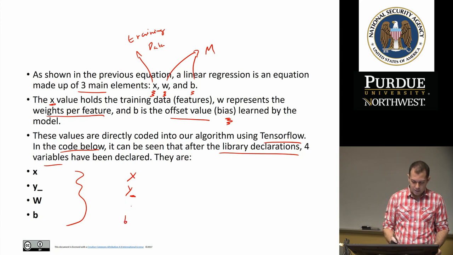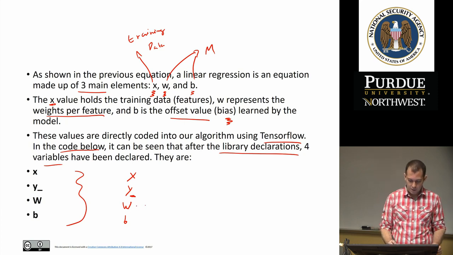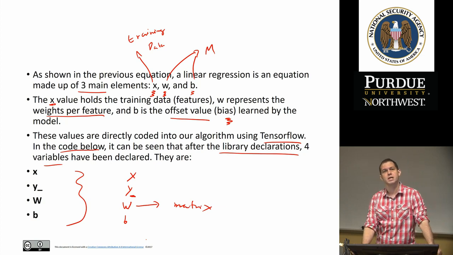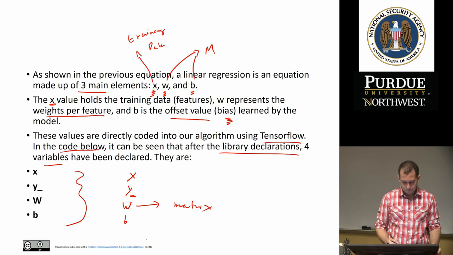Notice that this W is actually an uppercase W, because in TensorFlow, as a common style, whenever you write something uppercase, it means that it's a matrix. One of the challenges of everything you build in TensorFlow is that things have to be either vectors or matrices.